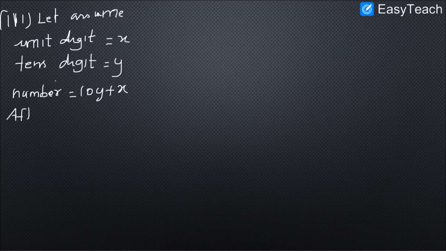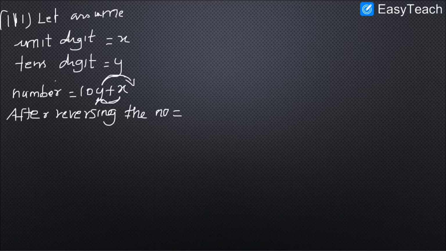After reversing, the unit digit goes to the tens place and the tens digit goes to the units place, so the number becomes 10x plus y. For example, 45: after reversing, 5 comes to the tens place and 4 goes to the ones place, so we get 54.